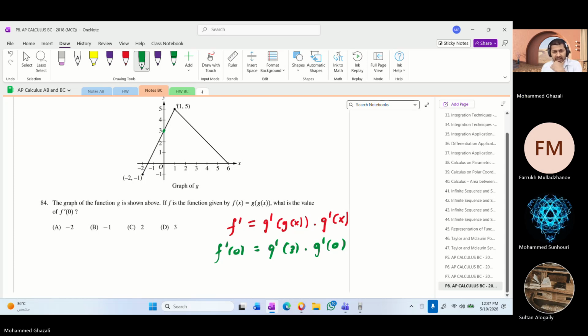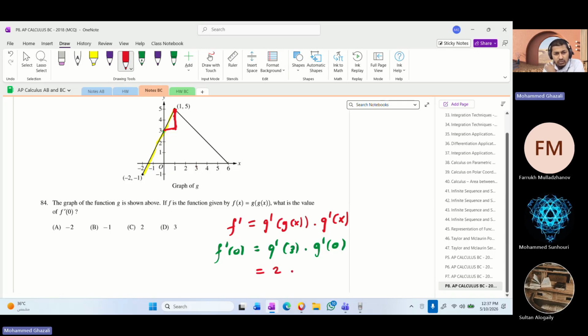The slope at 3. So what's the slope of this line? You need to find rise over run. So you can maybe just go here. Rise over run for here, I got 2 over 1. So 2. Is it here? Yes, so 2.